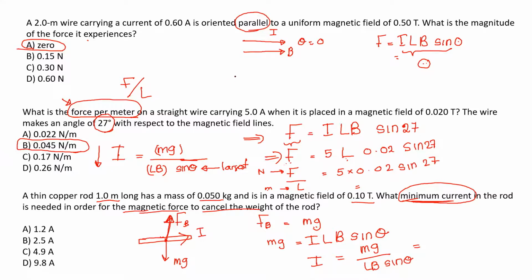For example, let's say you are dividing 5 by 10 and 5 by 1. When you divide by a larger value, you get a small value. When you divide by a small value, you don't get a small value. So we need to divide by the largest possible value for sine theta. What is the largest possible value for sine theta?